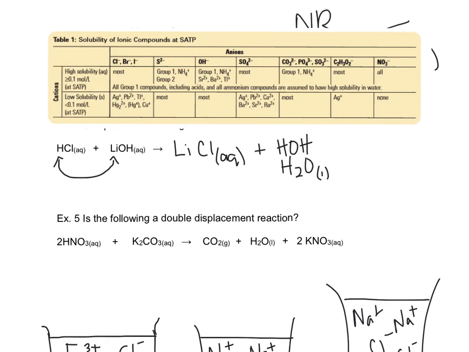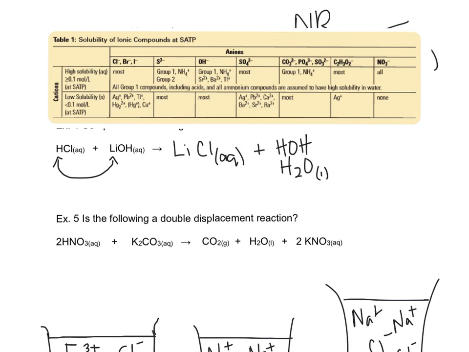Next question. Example number 5. Is the following a double displacement reaction? We have HNO3, so nitric acid, plus potassium carbonate, both AQ. We make carbon dioxide, water, and potassium nitrate. Sometimes you're going to do reactions, and this is, by the way, a double displacement reaction.